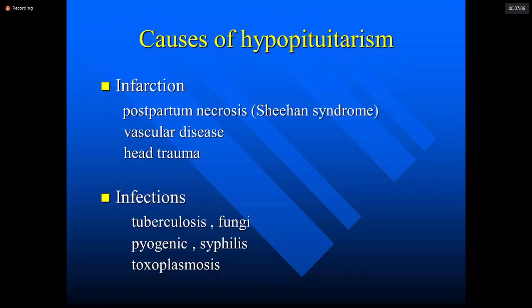For the reasons behind hypopituitarism, it's basically any lesion which can be affecting that area of the hypothalamus and the pituitary, whether it was an infarction, as in cases of postpartum necrosis, Sheehan syndrome, and this entity happens because of the drop in blood pressure, as basically the woman had bleeding postpartum. So there will be necrosis of this hypervascular structure, the pituitary, which is also hypertrophied in pregnancy.